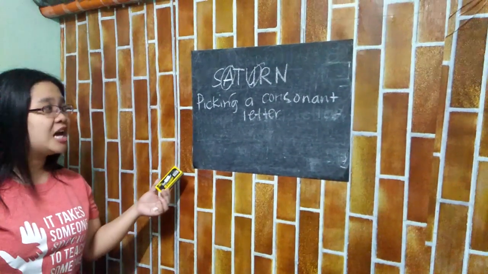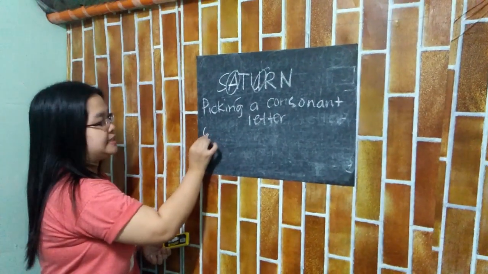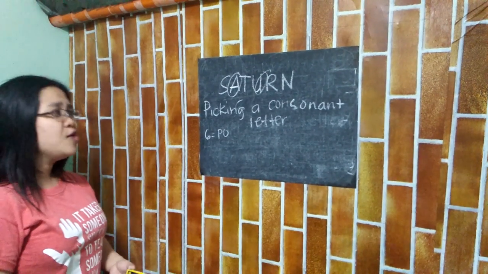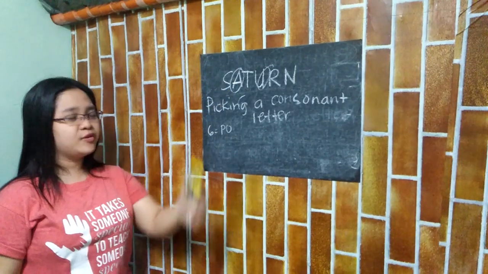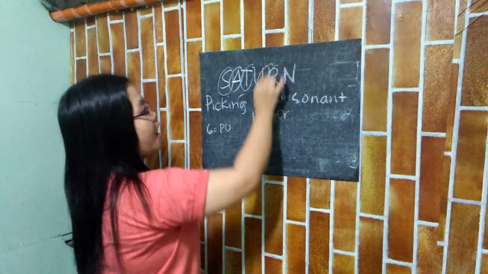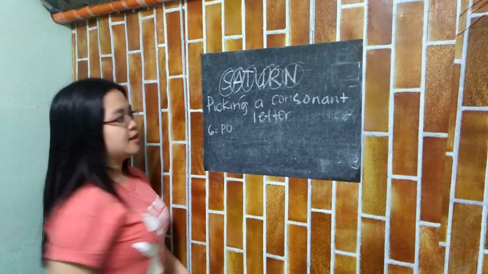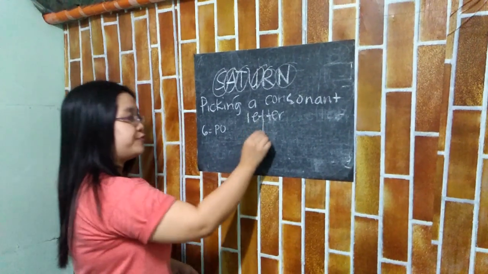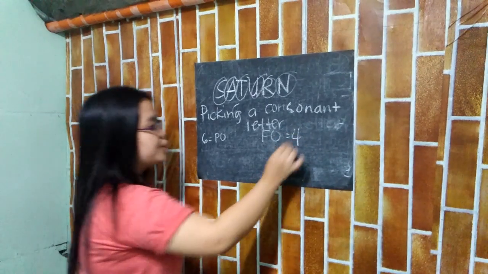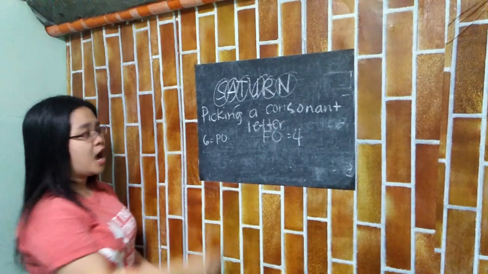So what's the possible outcome again? 6. So that is our possible outcome. Now, how many consonant letters do we have in the word Saturn? So we have S, T, R, and N. So that serves as our favorable outcome. How many? 4.